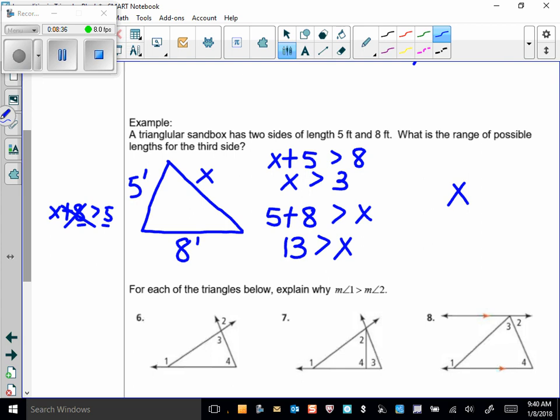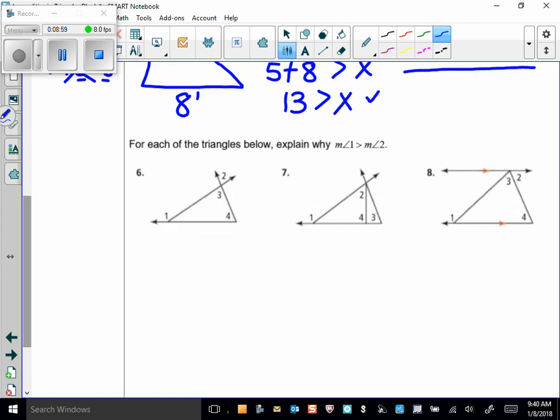From right here, I know that x has to be greater than 3. And from right here, I know that x has to be less than 13. And of course, I want to put my units on there. So that side, to make that sandbox, could be anywhere from just a little greater than 3 to just a little less than 13 feet. All right, so that's how you're going to do a problem like that.